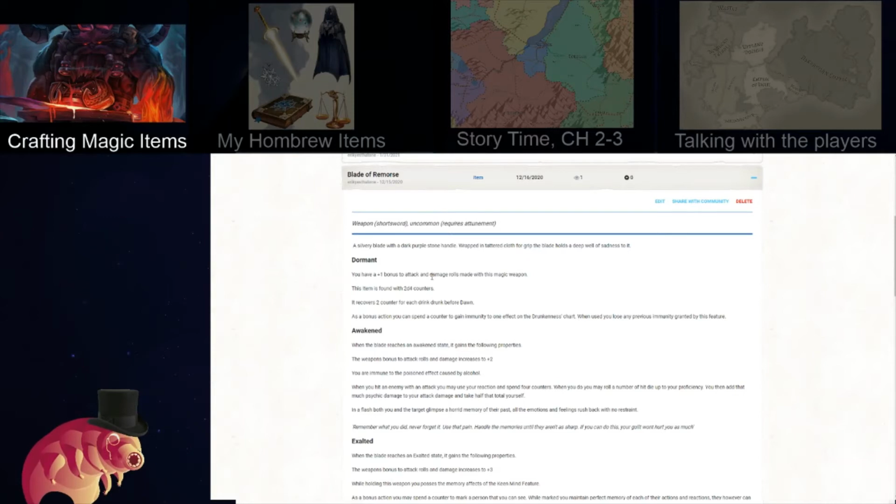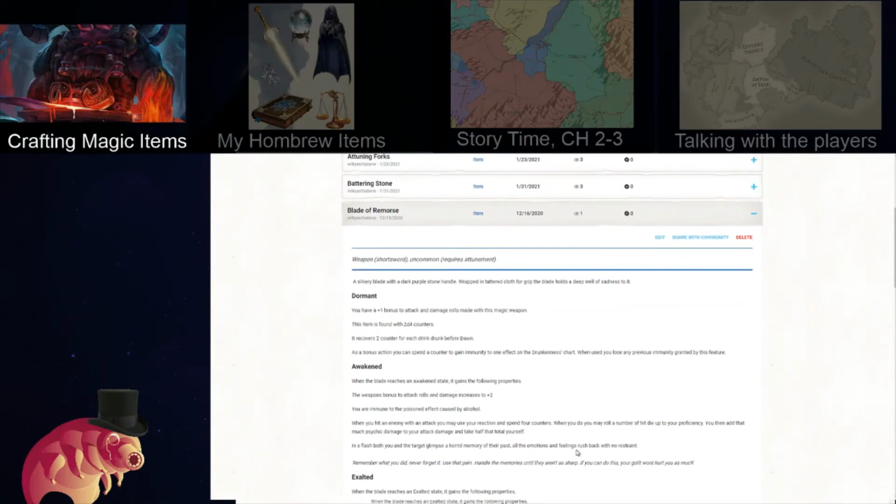This item is found with 2d4 counters. It recovers 2 counters for each drink drunk before dawn. As a bonus action, you may spend a counter to gain immunity to one effect of drunkenness. When used, you lose any previous immunities granted by this feature.